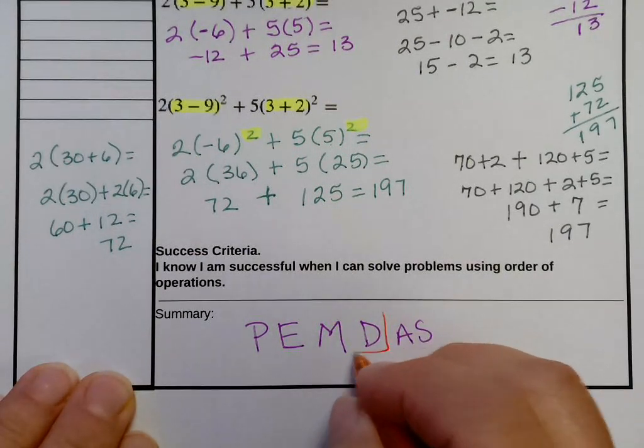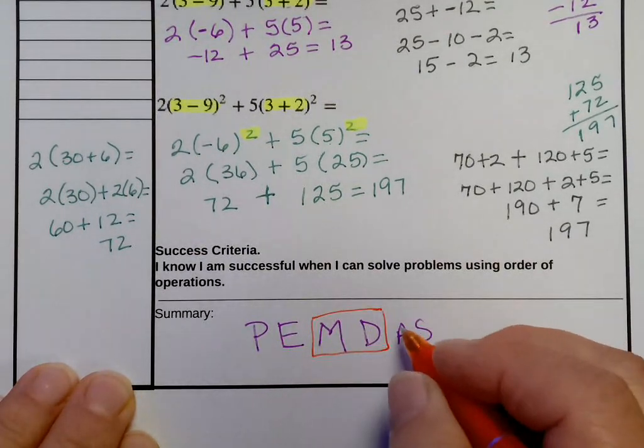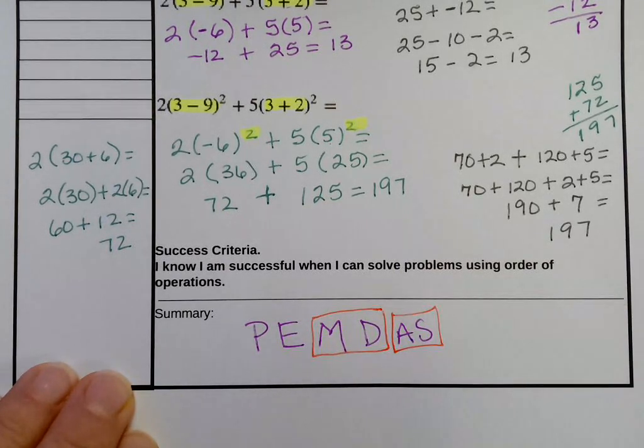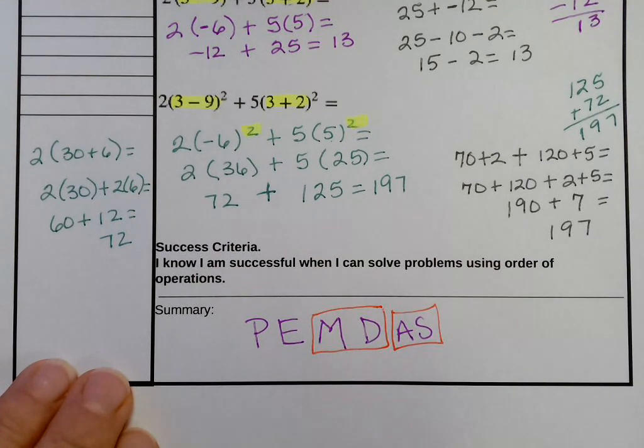Well, I learned that the M and the D are the same, and the A and the S are the same value. So I will do whatever I need to do first, whichever comes first in my equation. So hopefully you can go back and look at this again. If you're still having trouble, get your practice done, please.